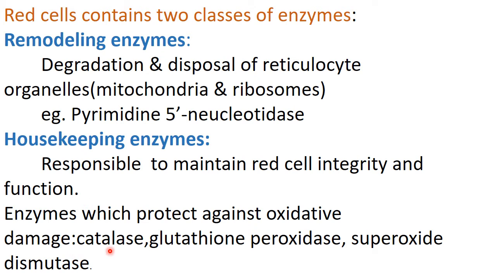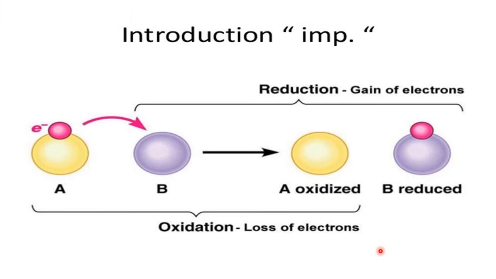Examples are catalase, glutathione peroxidase, superoxide dismutase, etc. There is reduction and oxidation taking place in the cell. Reduction means gain of electrons and oxidation means loss of electrons.